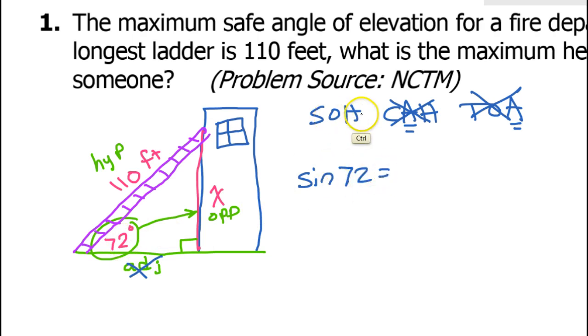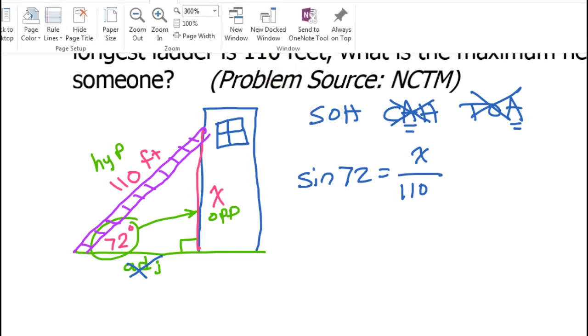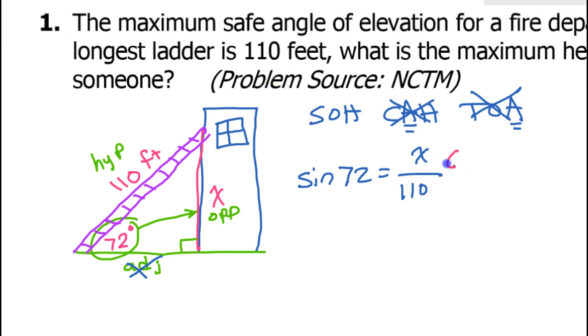So sine of 72 is equal to opposite over hypotenuse. So that's going to be x over 110. When the variable is on top, that is when you multiply. So we're going to multiply both sides by 110. And then these cancel out, and we'll just put this in the calculator, and that will be the answer.